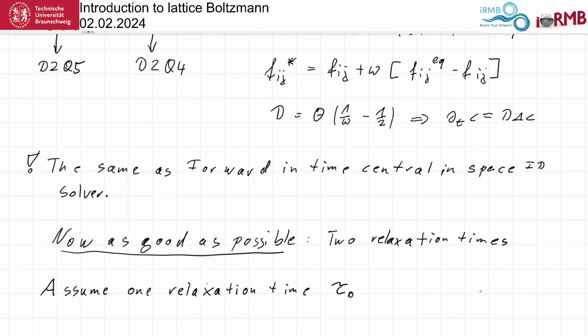Tau, this is a small o, it's not a 0. Tau O for odd, and tau E as in even.